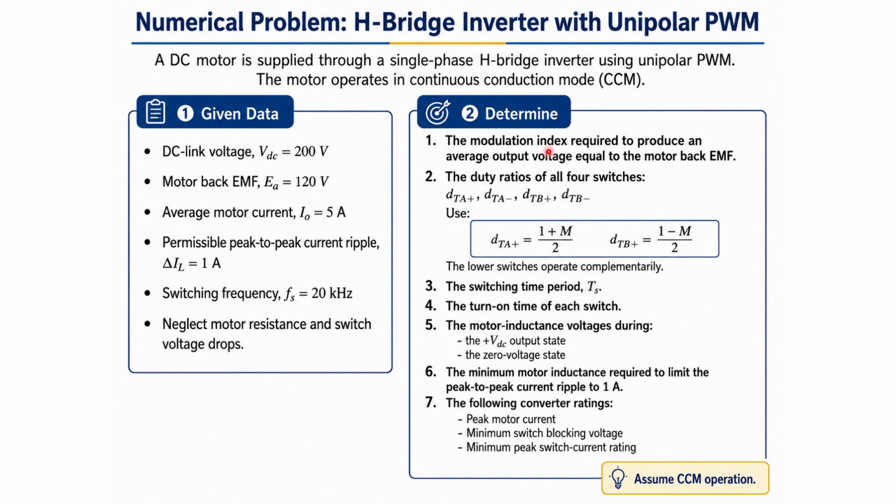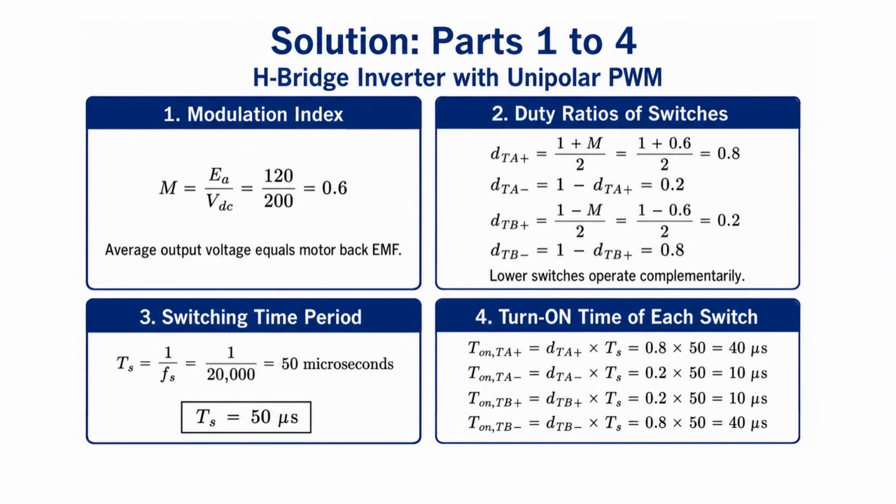Then we need to calculate the modulation index, the duty ratio for the individual switches, switching time, turn on time, the minimum motor inductance, and converter ratings. These are the questions you have to solve in the numerical. We will solve the first part, where you have to calculate the modulation index.